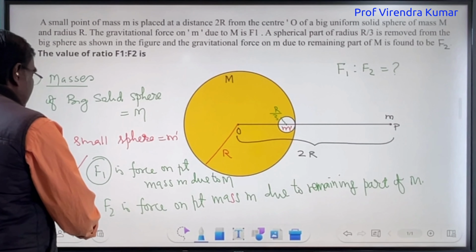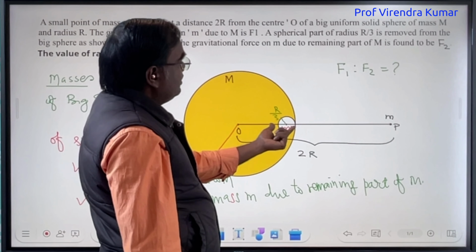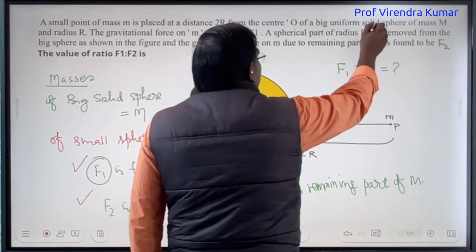So let us discuss this picture. The yellow part is the big solid sphere, out of which this small spherical portion having the radius R by 3 is removed.